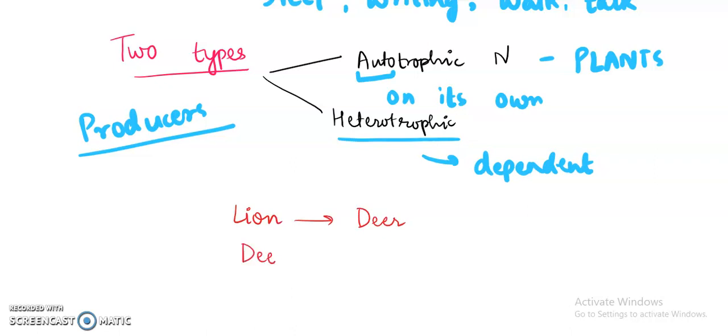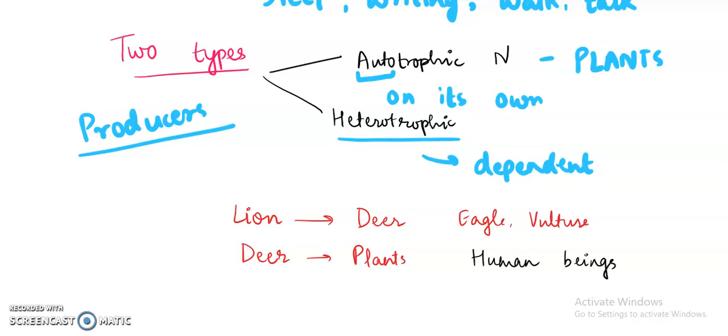Even deer falls in the category of heterotrophic organisms because deer cannot prepare its own food, rather it is dependent upon plants. Similarly, eagle, vulture, and even the intelligent race on the earth, we human beings, fall in the category of heterotrophic nutrition because we cannot prepare our own.